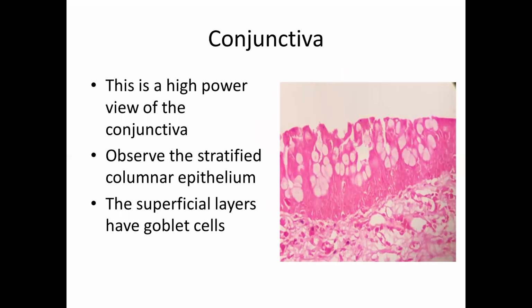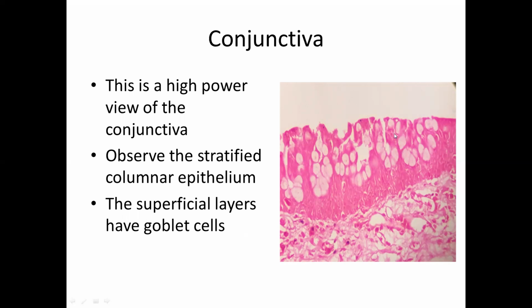Next, this is a high power view of the inner surface of the eyelid, showing you the conjunctiva. You can see that the conjunctiva is lined by a stratified columnar epithelium with several layers of cells, and in the superficial layer you can see the goblet cells, right?